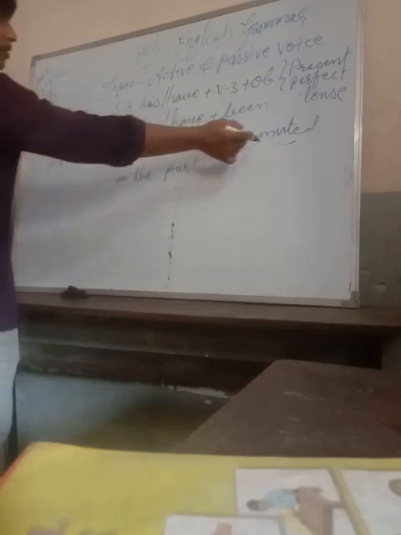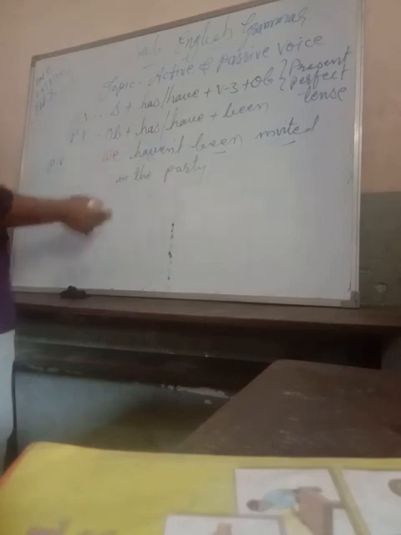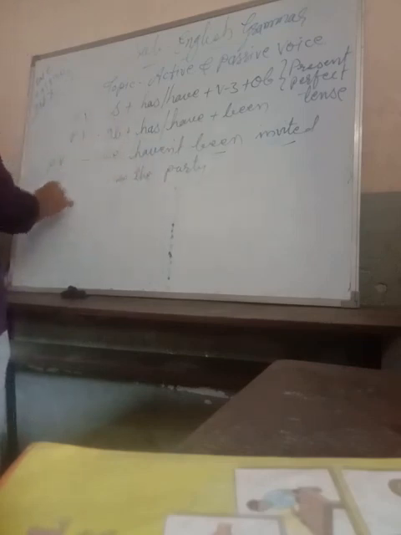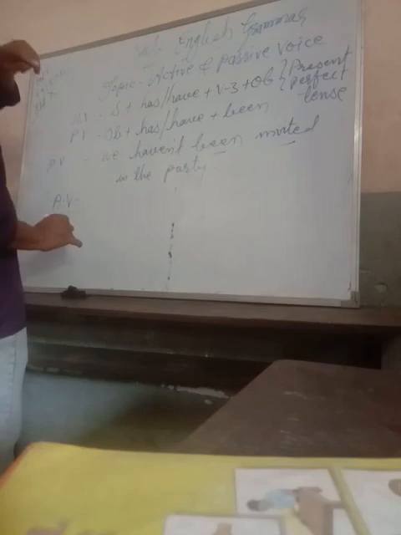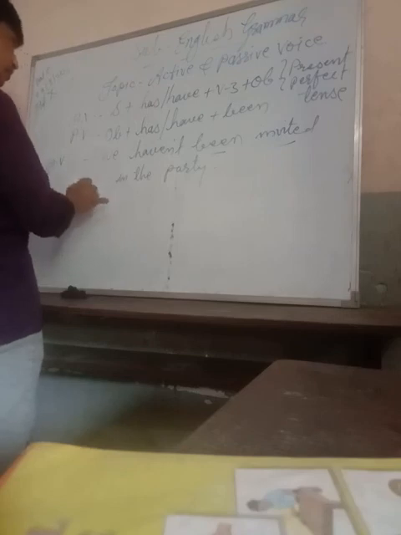But these two are, in fact, this is the identification of passive voice, been and B3 invited. Now look here, so it's a passive voice, so we have to change it into active voice. So at such time, what we need to do? We have to take the subject of our own. Okay, so we have to take subject like this.